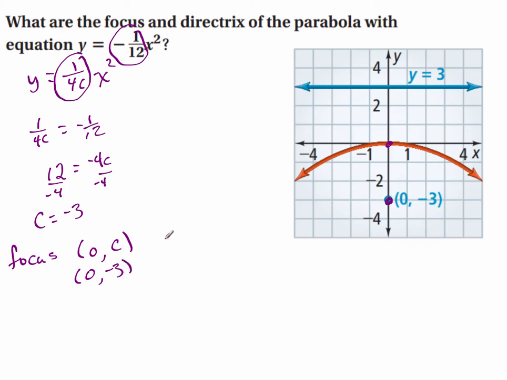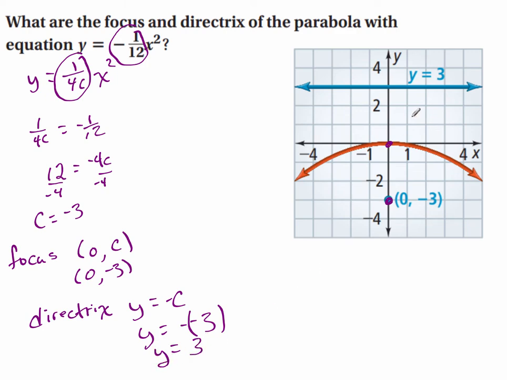What about the directrix? The formula for the directrix is y equals minus c. So the directrix is y equals minus (negative 3), or y equals 3.